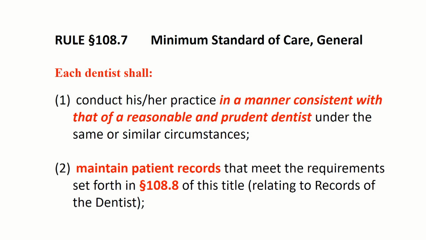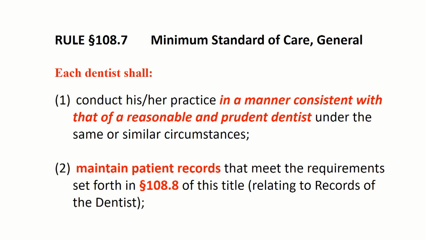Each dentist shall, number one, conduct his or her practice in a manner consistent with that of a reasonable and prudent dentist under the same or similar circumstances. Some discussion about item number one.